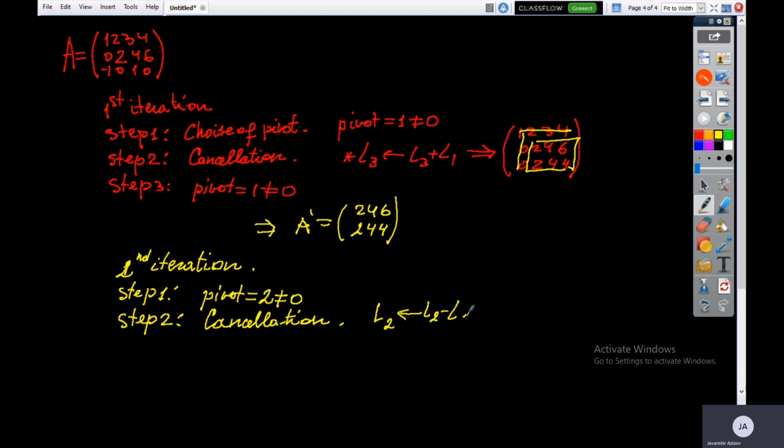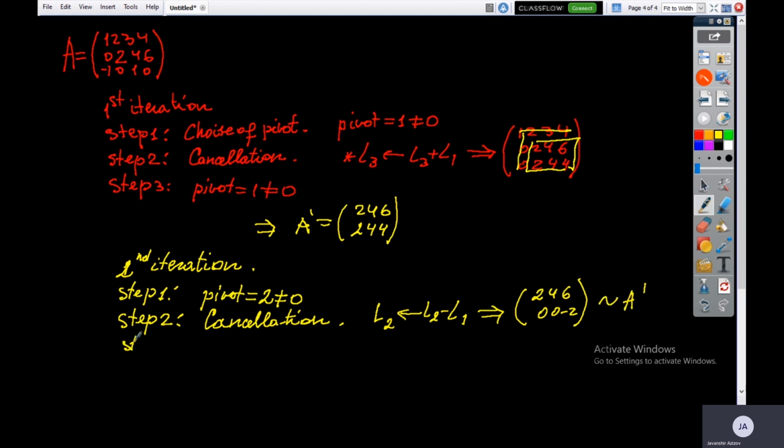Then our new matrix will be this one: 2, 4, 6, 0, 0, minus 2. This is also row equivalent to A prime.